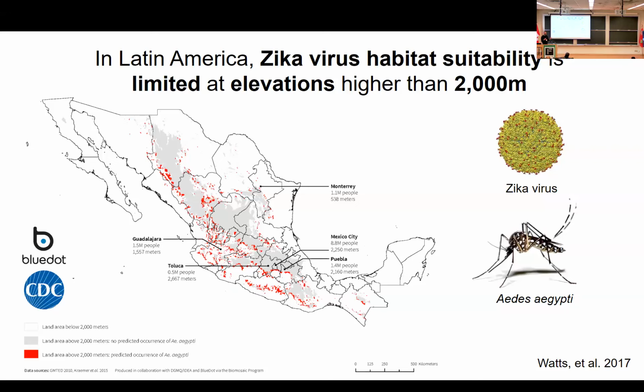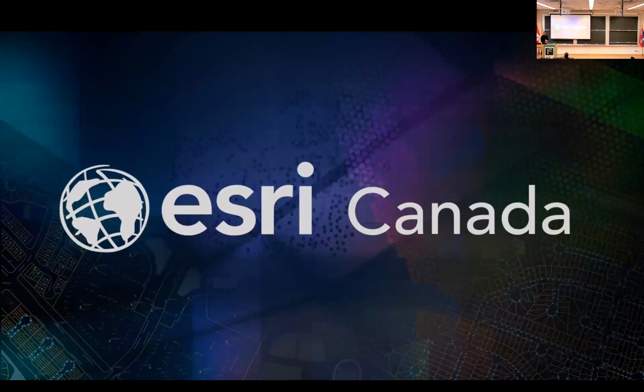And then, of course, it turned from Zika into COVID. We did a lot of COVID support at Blue Dot, but through that experience, ESRI, so here I can go to ESRI Canada now, was really seeing the potential to use GIS, or really expand the use of GIS, in Canadian public health.